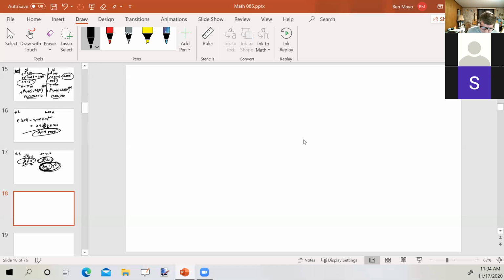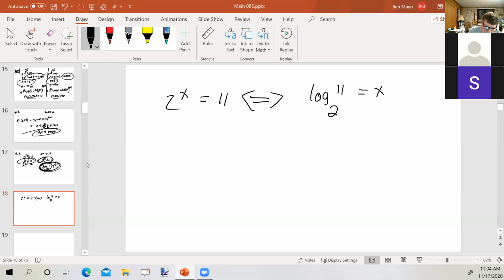Now, let's go back to 2 to the x equals 11. The base in this equation is 2. It's raised to the x power. If I write this in logarithmic form, it's log base 2 of 11 equals x.